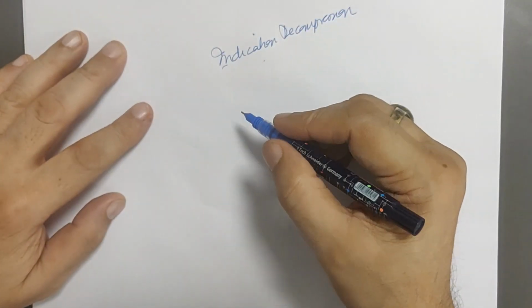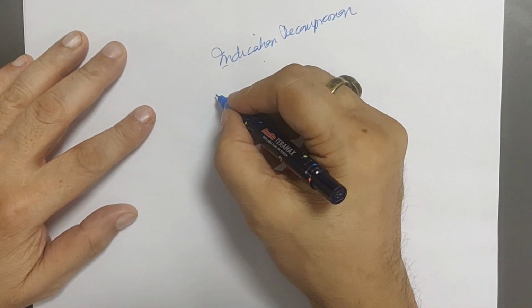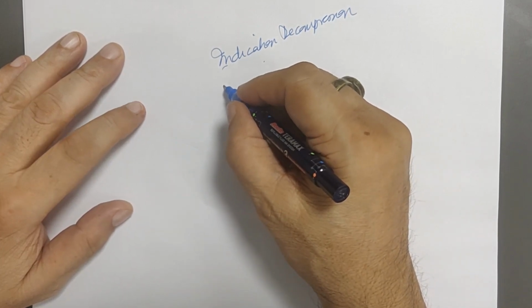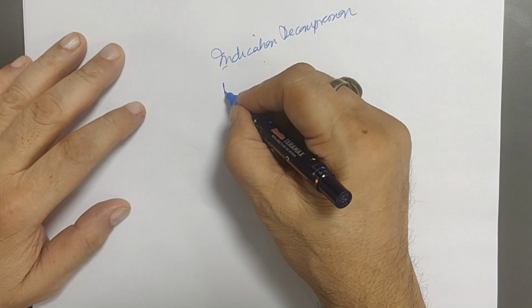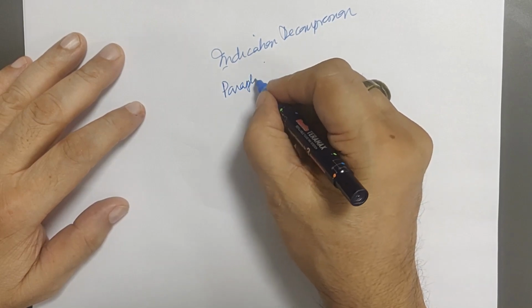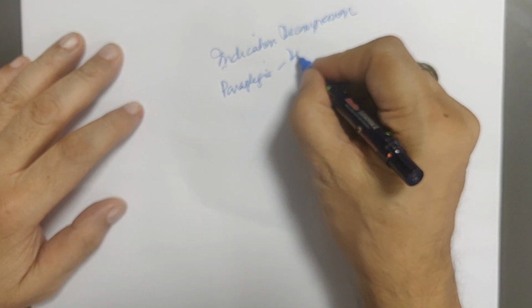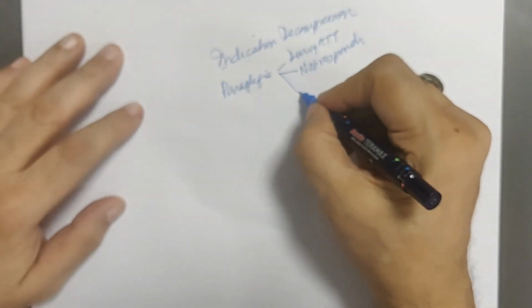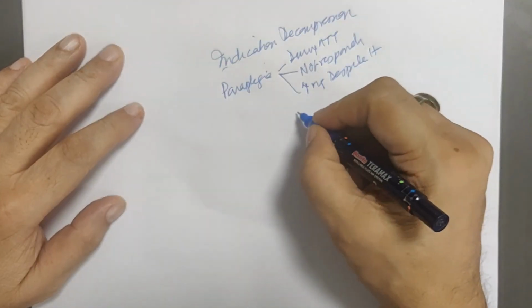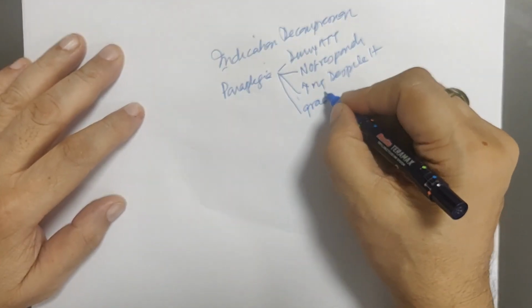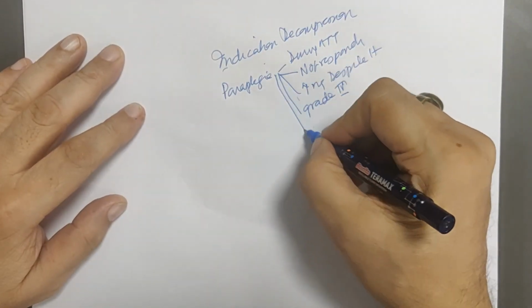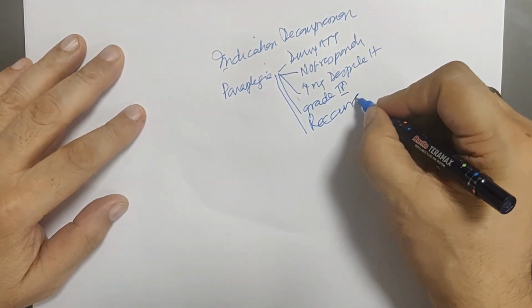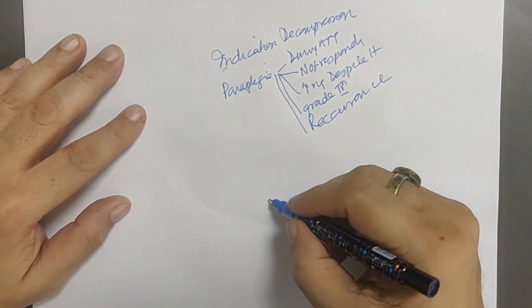You do decompression if there is no paraplegia improvement during ATT, not responding to treatment, increasing despite treatment, Grade 4, or recurrence. Then you operate.